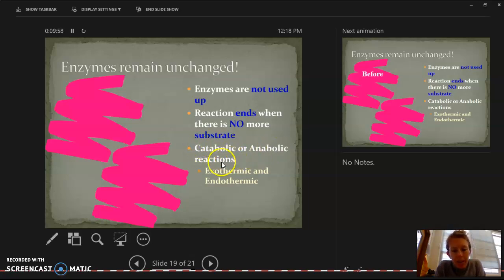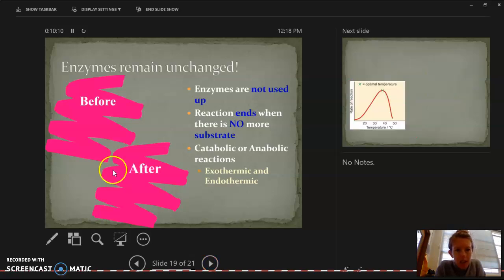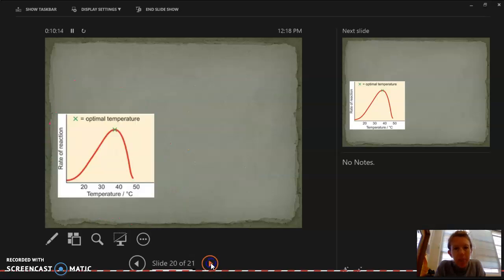Or there can be anabolic reactions, which are synthesis reactions. So catabolic is the same thing as decomposition, and anabolic is the same as synthesis. So again, these are the same before and after the reaction.